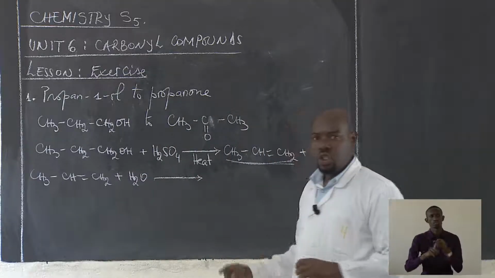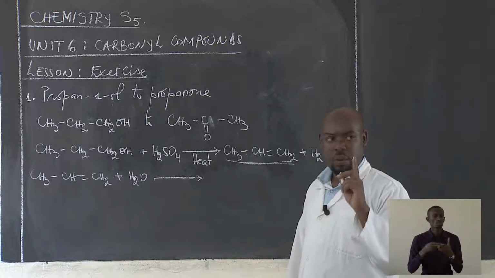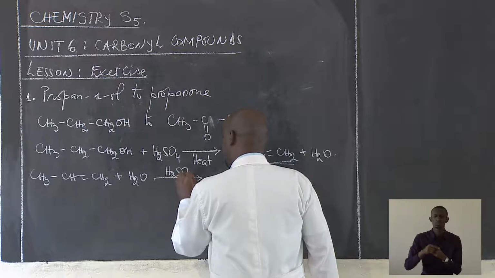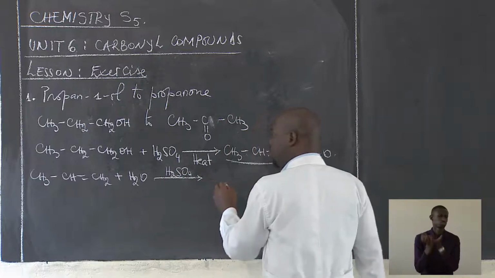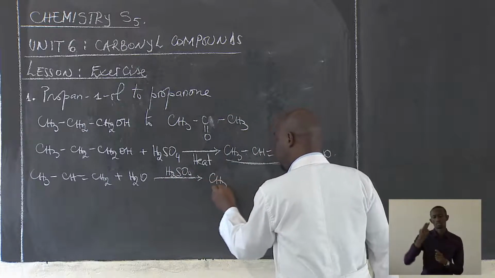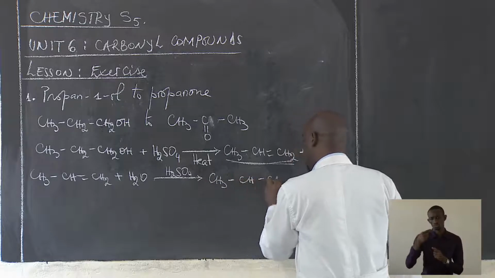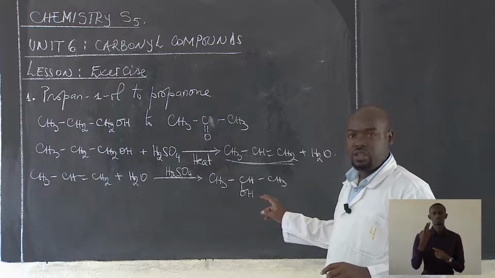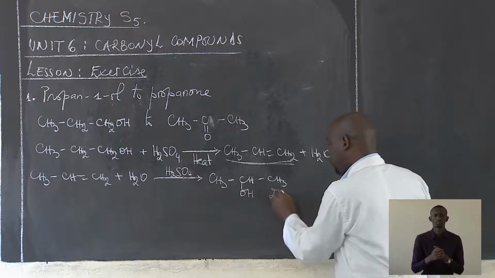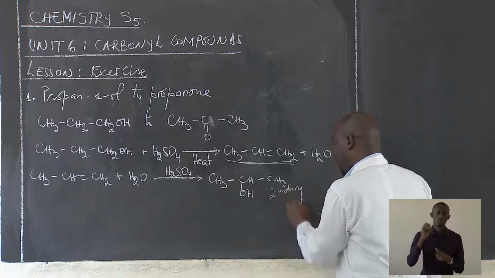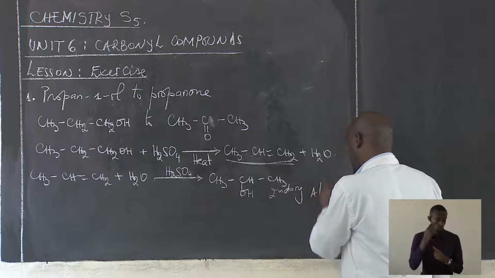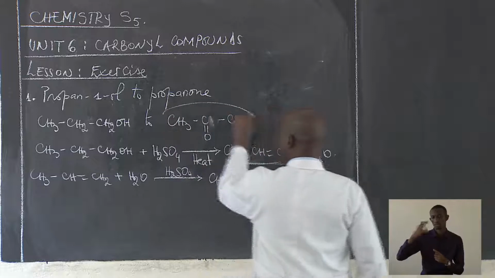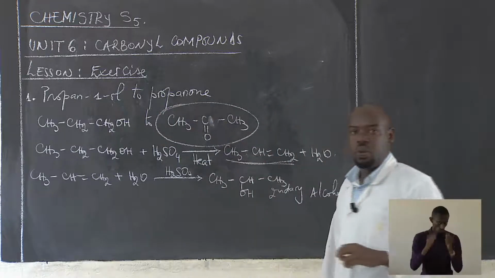Remember, the addition of water to a double bond is always carried out in the presence of sulfuric acid. And what do we produce? We produce CH3CHOHCH3. Now we have our secondary alcohol.